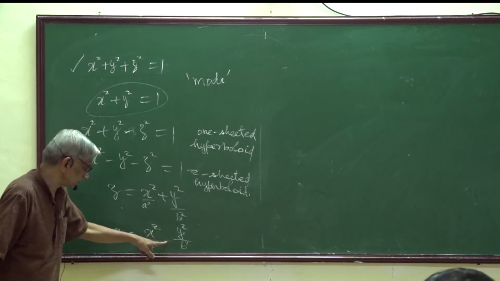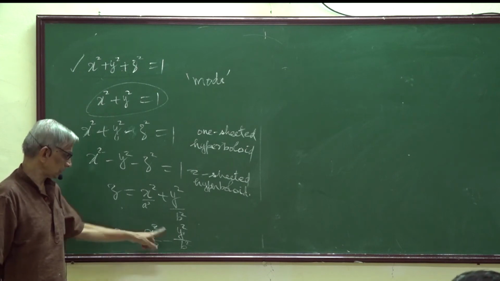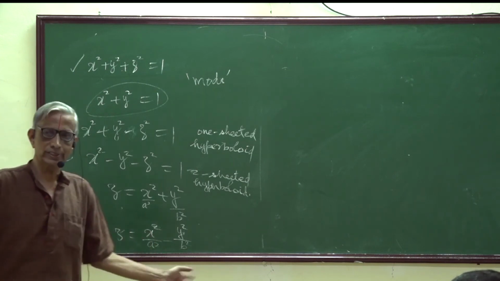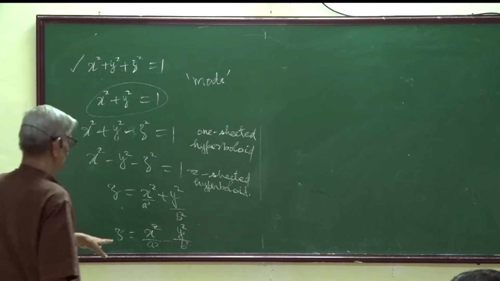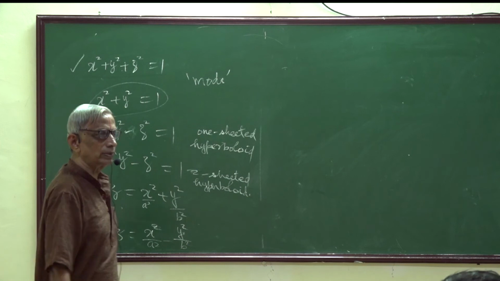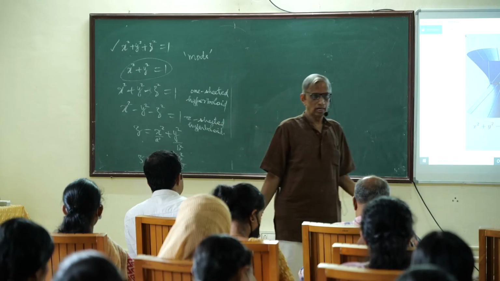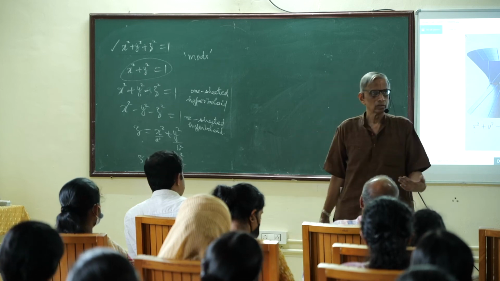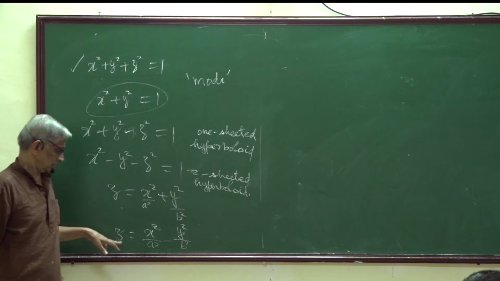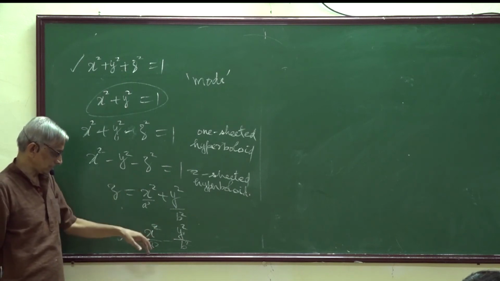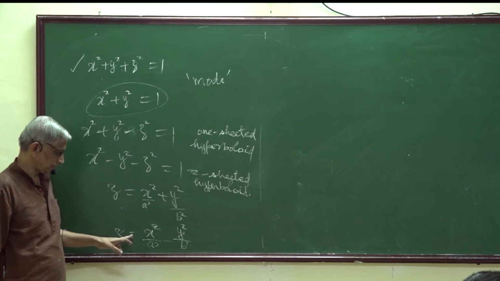Coming back to this, z equal to a constant gives you hyperbolas. What about the other ones? x equal to a constant or y equal to a constant will give you y squared equal to some constant times z, the parabola, in the yz plane, right? So two of these coordinate sections will give you parabolas, and the other one will give you hyperbolas.